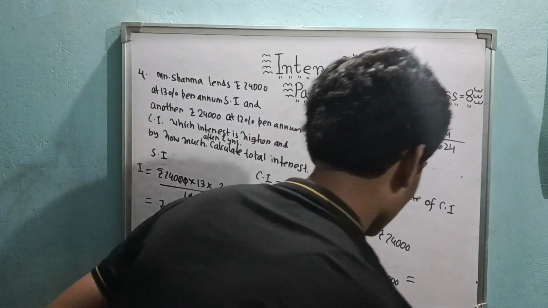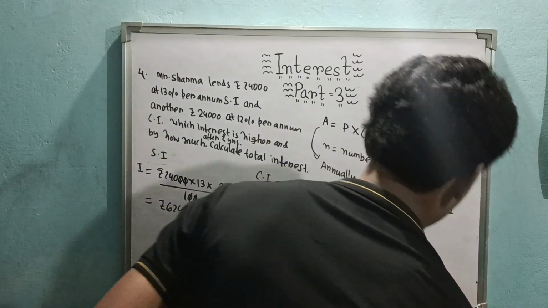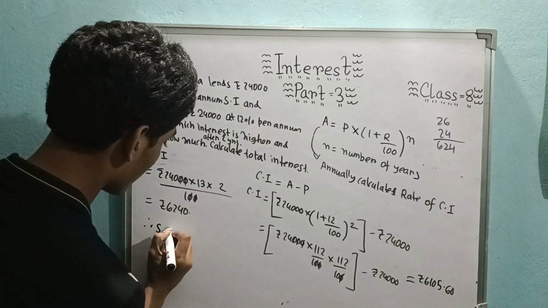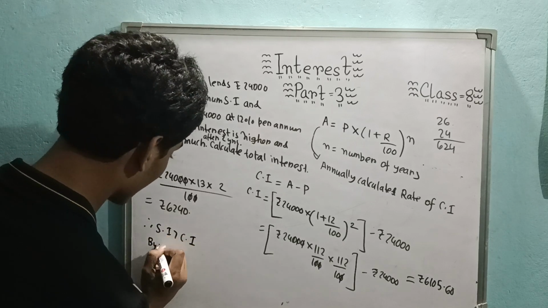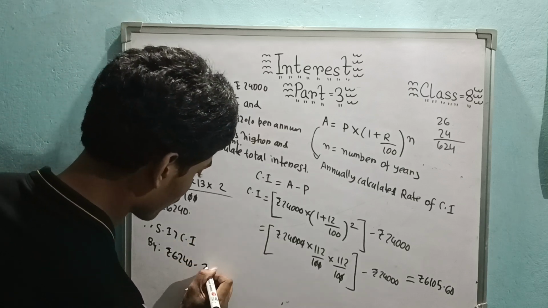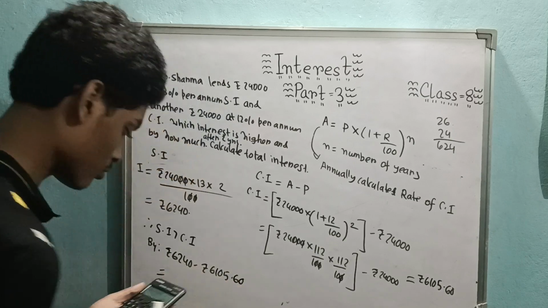So rupees 6,105.60. That is the compound interest. This is the simple interest. Now, therefore, SI is greater than CI by what? SI minus CI: rupees 6240 minus rupees 6105.60 equal to.